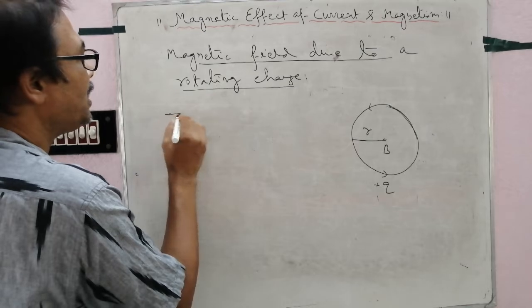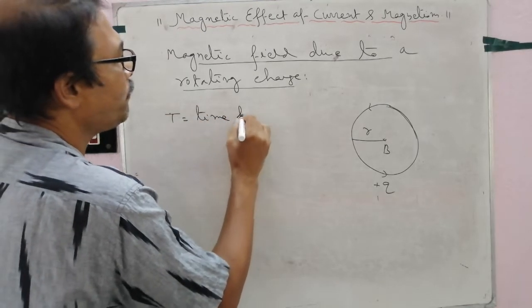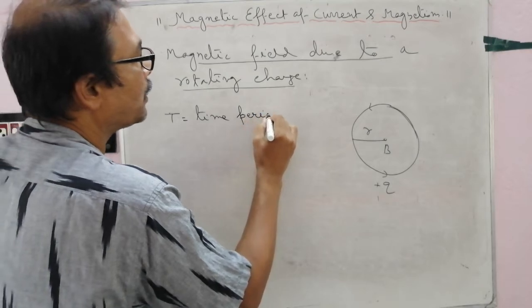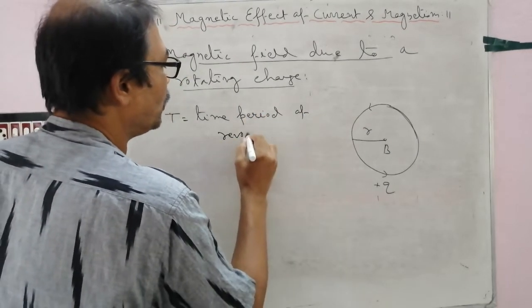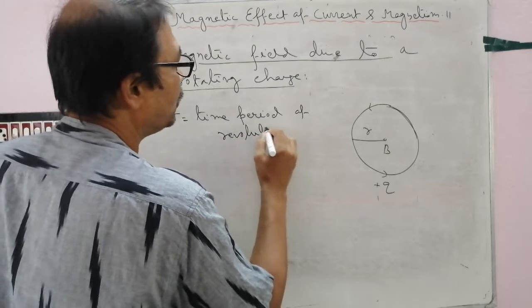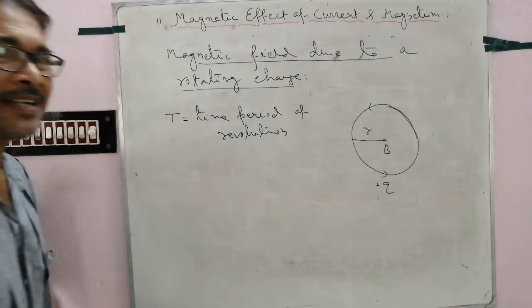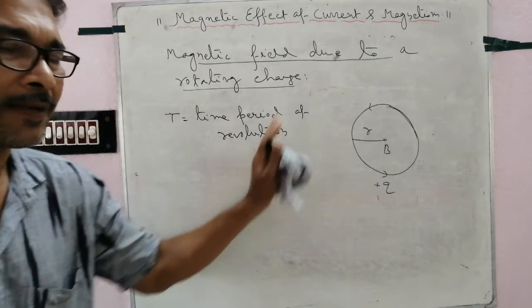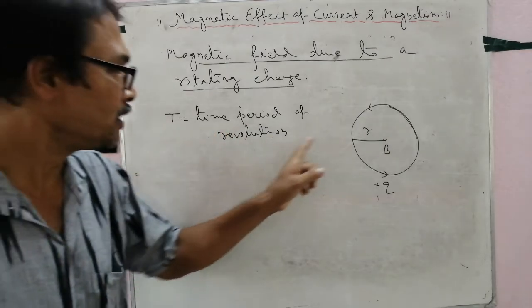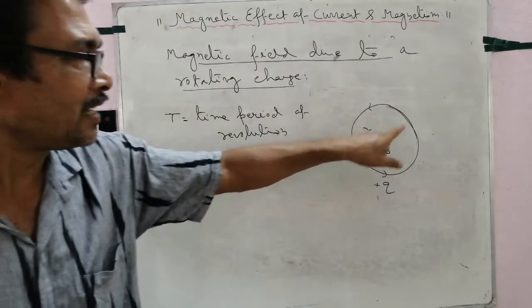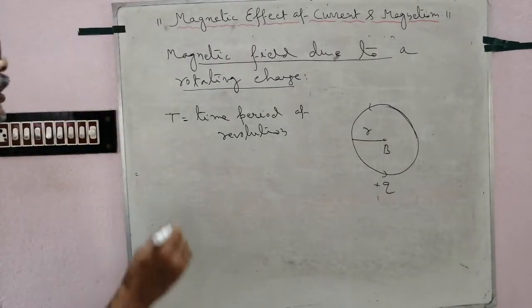Now let T be the time period of revolution, the time taken by the charge to complete one circular path, one rotation.